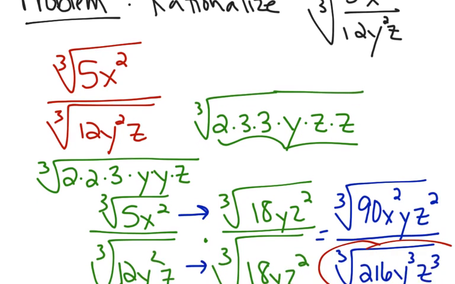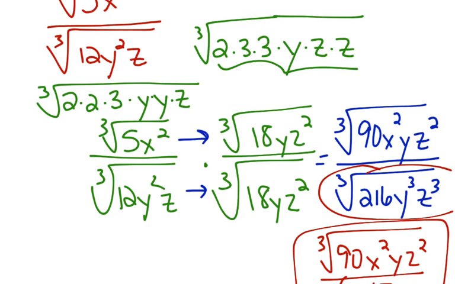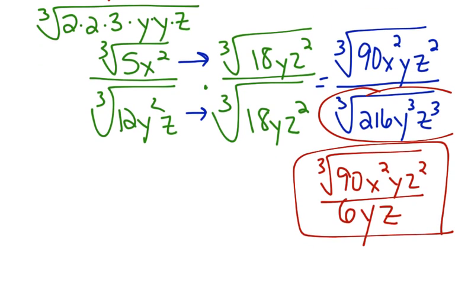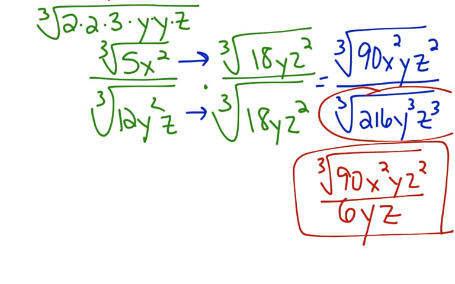Once I figured out what I had missing, I multiplied it all back together to find out what I was going to multiply my original fraction by. Remember that you're multiplying the original fraction by 1. Once I multiplied them together, then the denominator was ready to simplify into something that had no radicals. And this is called rationalizing the denominator.